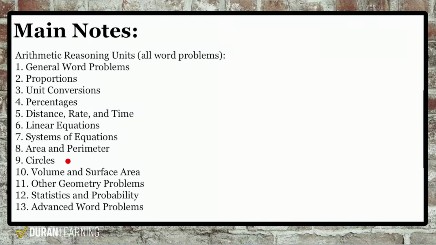About half of us are trying to puke right now. I understand, you're good. Volume and surface area word problems, other geometry word problems, statistics and probability, and advanced word problems. So again, hopefully I didn't just trigger anybody's PTSD, but again, take it nice and slow.